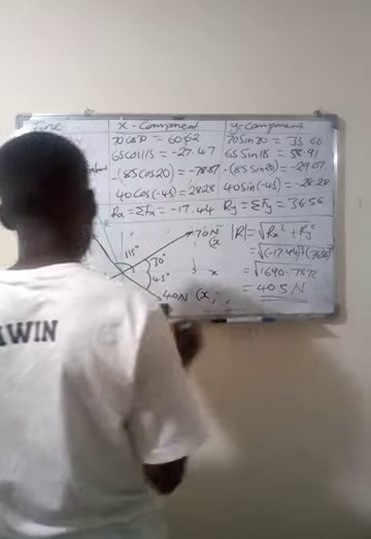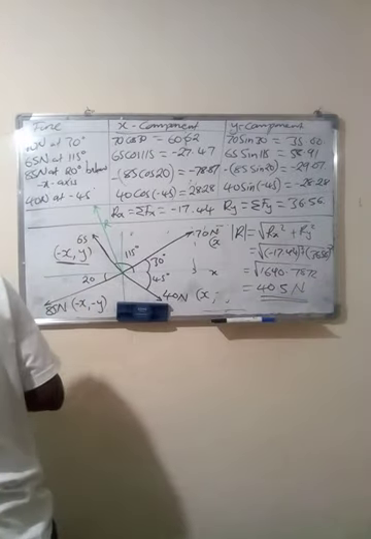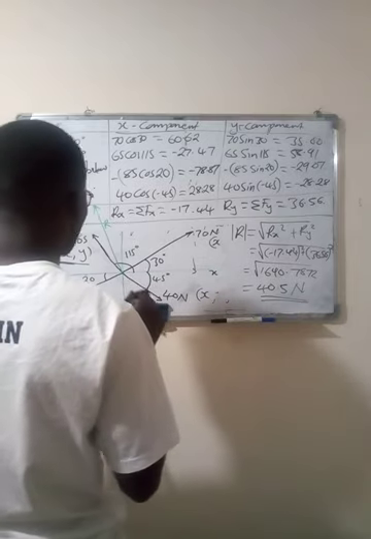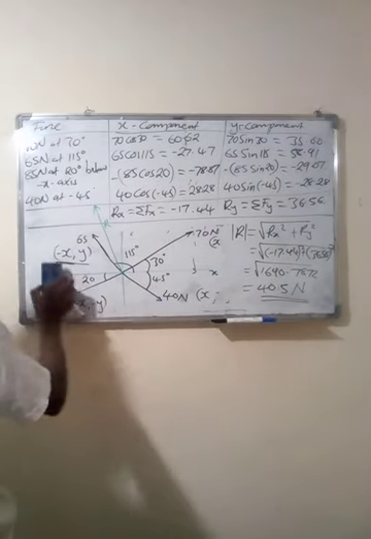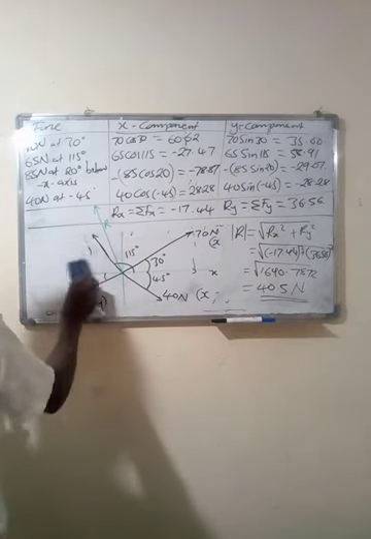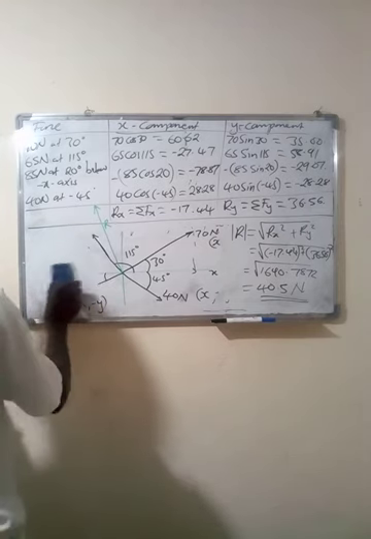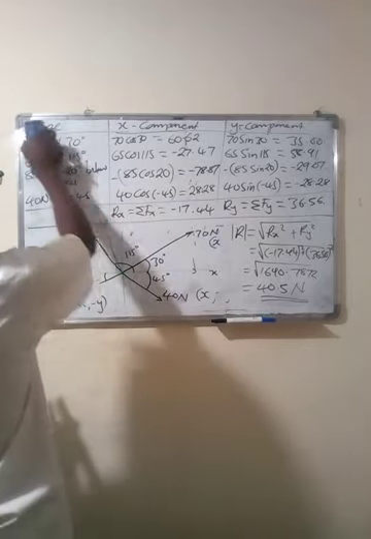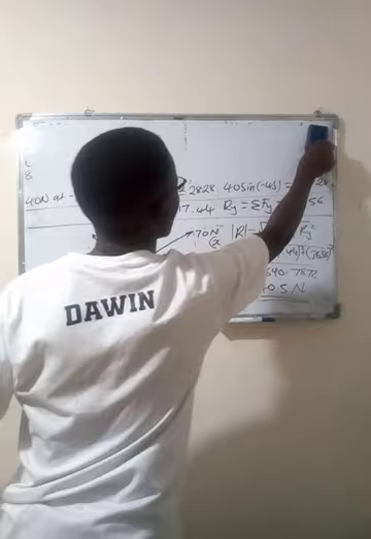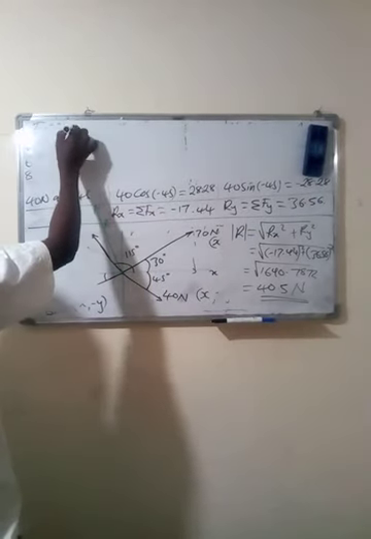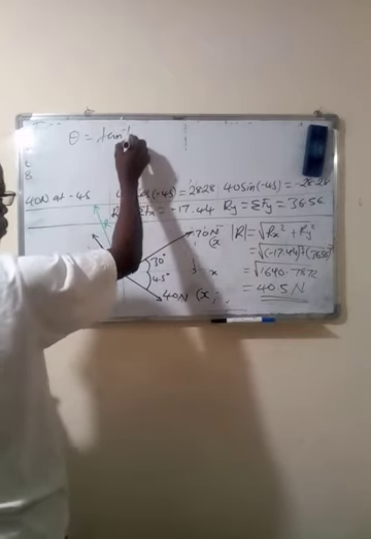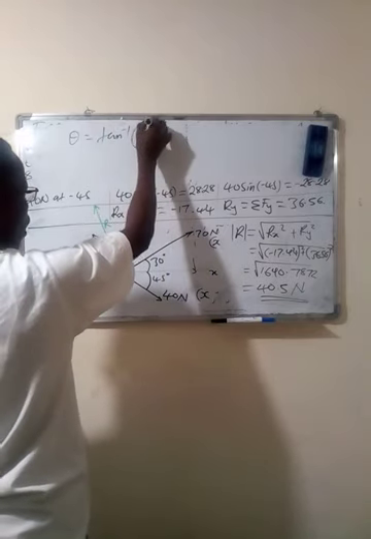Now we need to find the direction. What do we do? So how do we find the direction? Let me erase on top here. So remember I said that direction, theta, is equal to what? Tan inverse of, in this case, Ry over Rx, which is going to be equal to what?